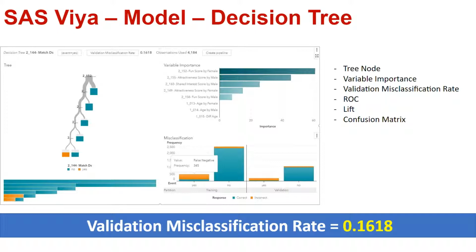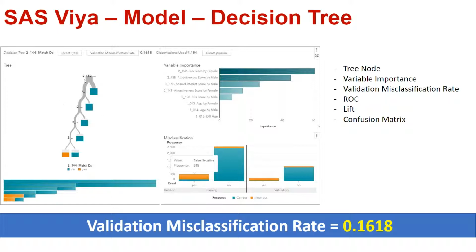After that, we started building our model. Our first model here was a decision tree. You can see that the tool gives you a full visualization of the variable importance. The fun score by female, attractiveness, and shared interest were the top ones. Then it also gives you the misclassification. For the misclassification on the training and the validation, we're pretty close.